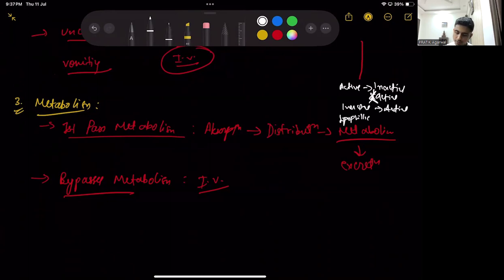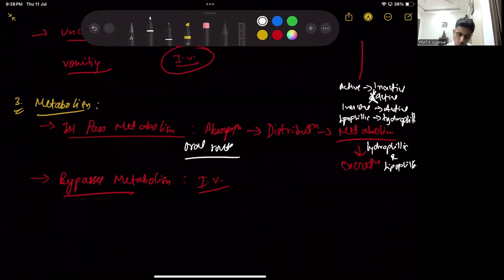A lipophilic drug can become hydrophilic, and a hydrophilic drug can also become lipophilic. So all this can happen during metabolism. All these things are bypassed when a drug is given through IV. But when we need first pass metabolism, we prefer the oral route.